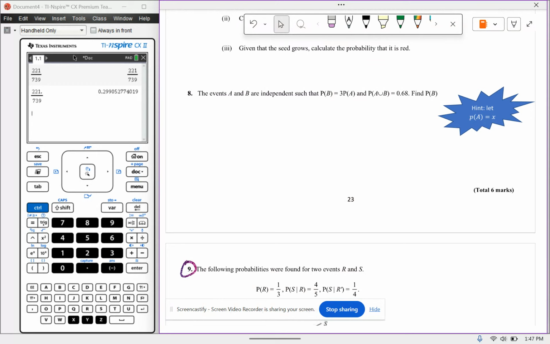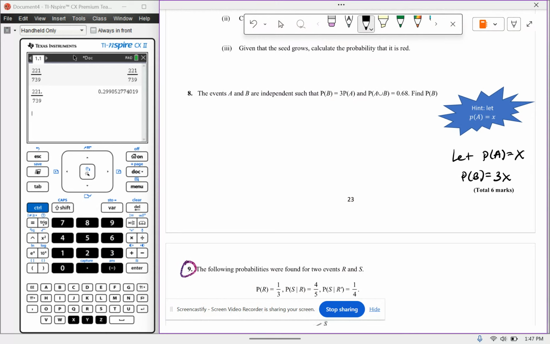Okay. So question 8 says, the events A and B are independent such that the probability of B is equal to 3 times the probability of A. So remember, they gave me the probability of B in terms of the probability of A. So I should write myself a little let statement where we have let the probability of A equal X. Because then now I have the probability of B is 3X.